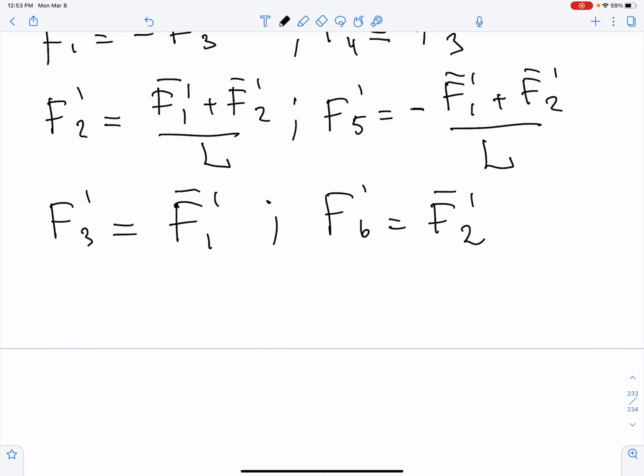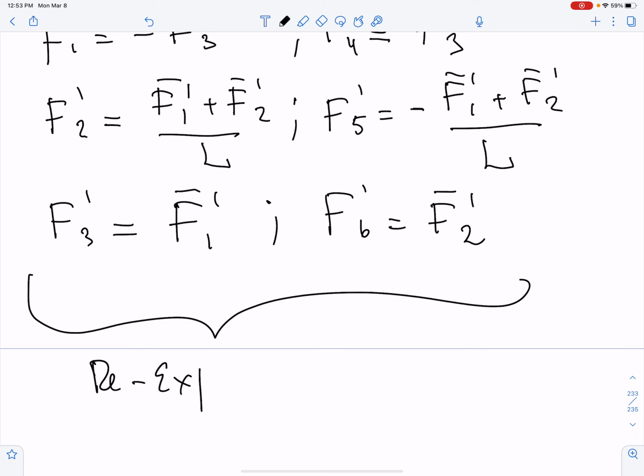And just like for the displacements, the next step is what? We re-express in matrix vector form.